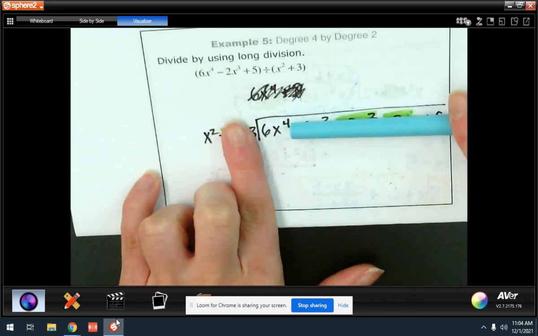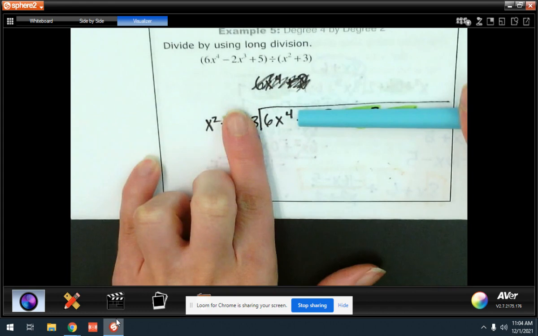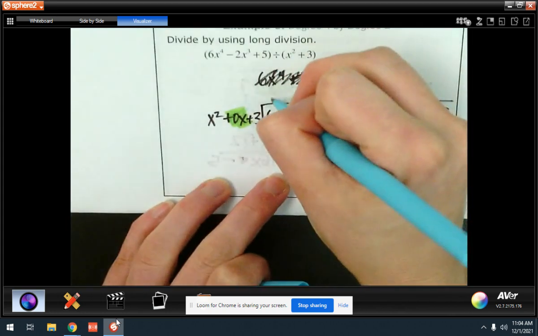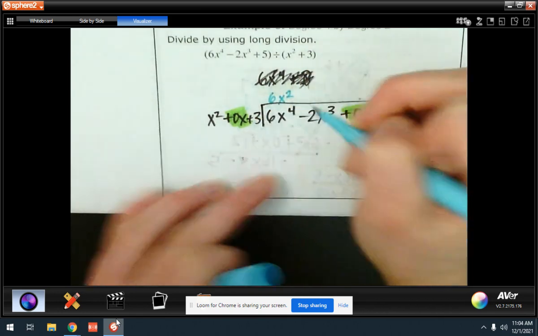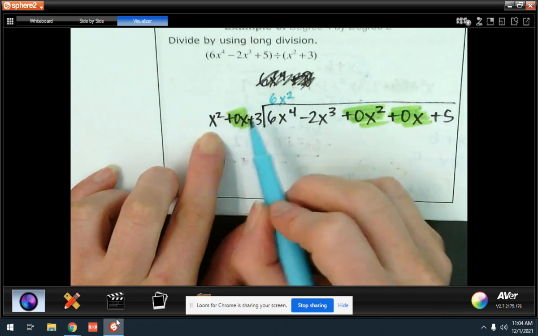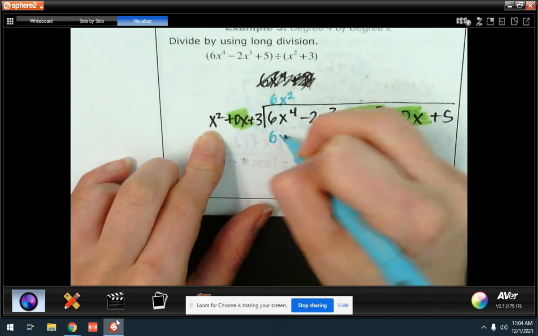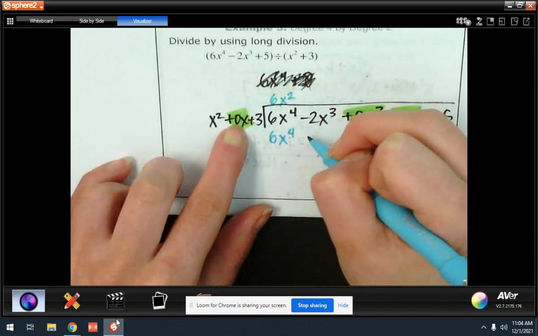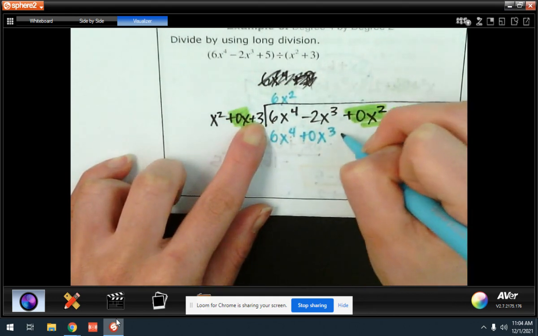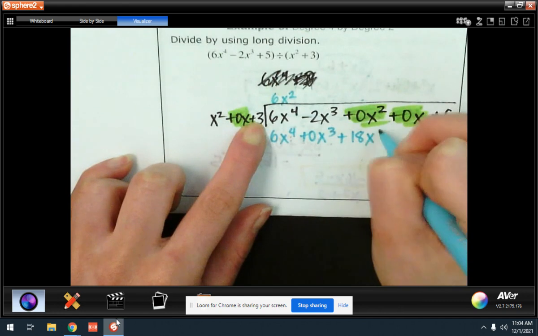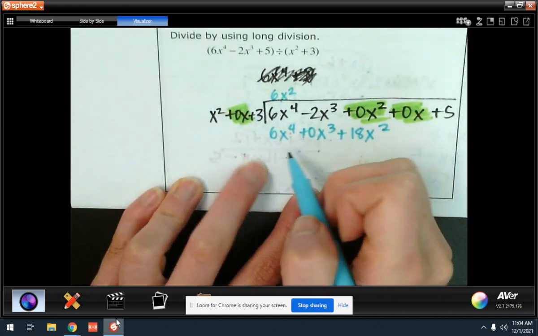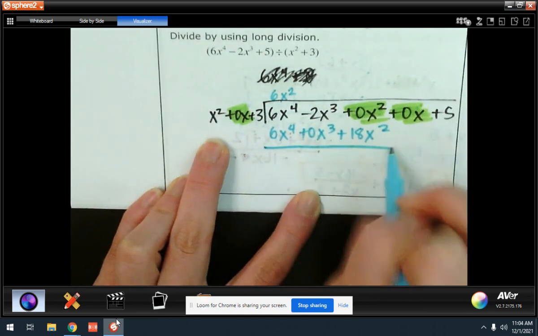Now, x squared times what would give me 6x to the fourth? 6x squared. Take that 6x squared, multiply by all 3 of these terms in the divisor. Gives you 6x to the fourth plus 0x cubed plus 18x squared. Draw your line.